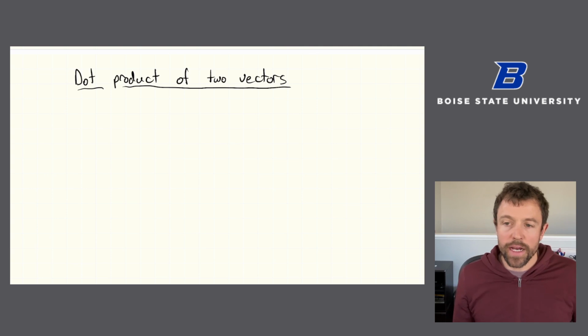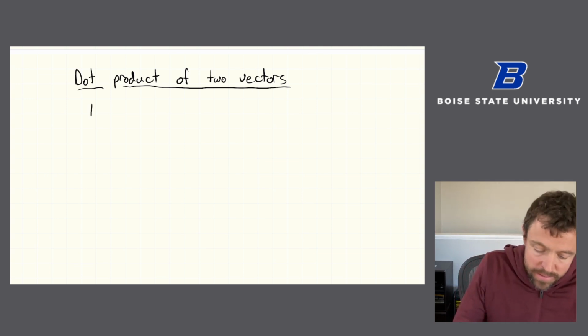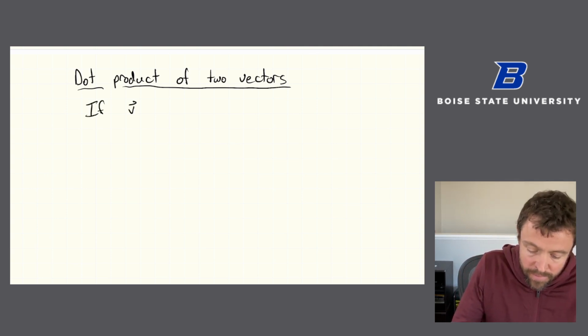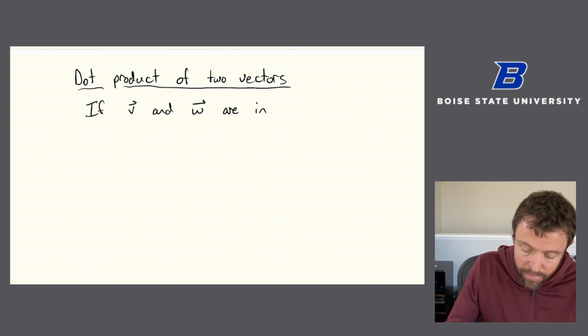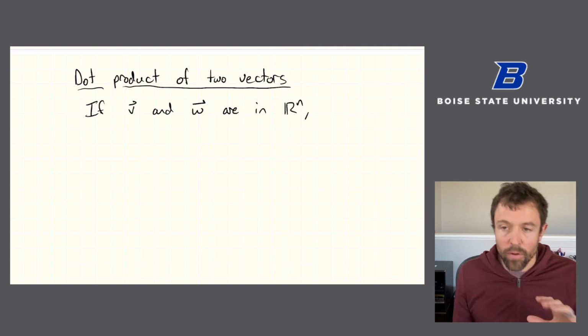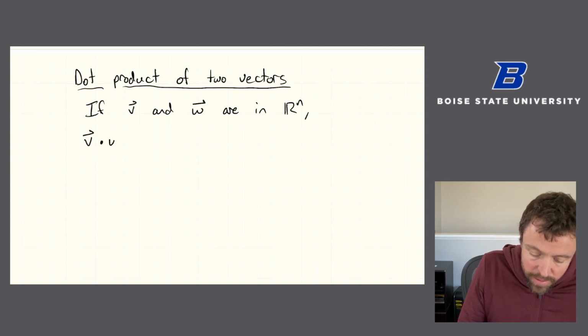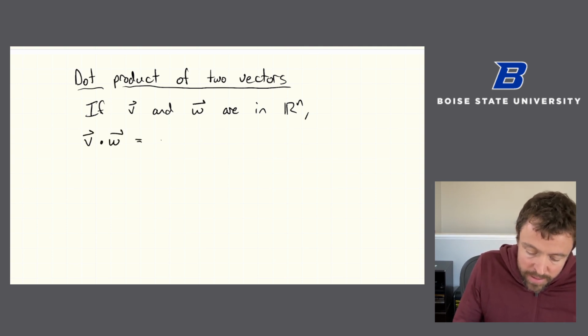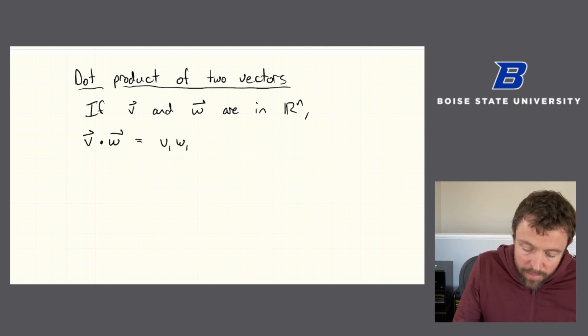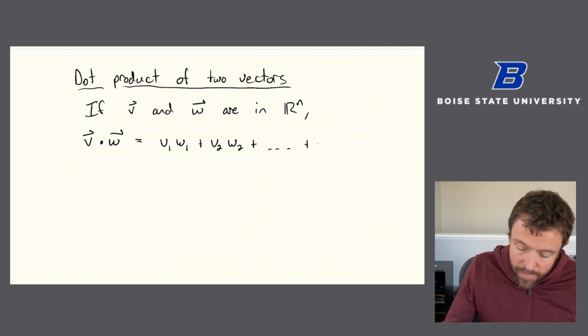If we have two vectors that are in the same space, so they have to both be the same dimension, then we define the dot product v dot w to be the thing we obtain by multiplying their coordinates and adding them together. And we're multiplying corresponding coordinates.